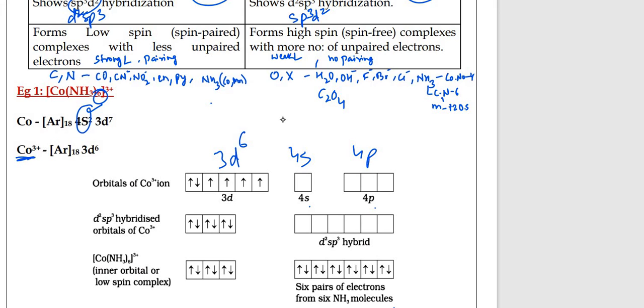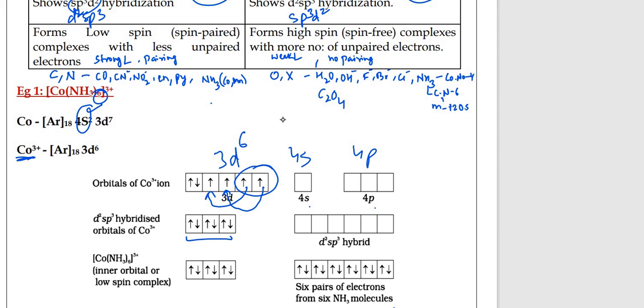Now after this, we'll see what type of ligand ammonia is. You can see ammonia with cobalt is a strong ligand. Strong ligand means it will push electrons and make them pair. So this will pair with this, and this will come here and pair with this. All these will be paired and we'll have these two d orbitals empty, because the electrons have shifted.